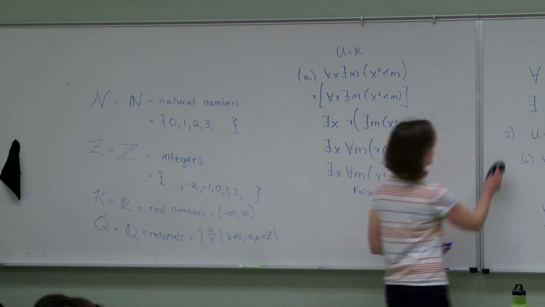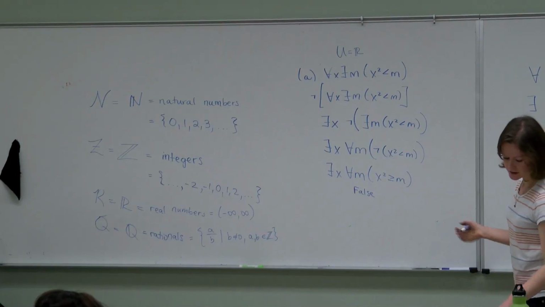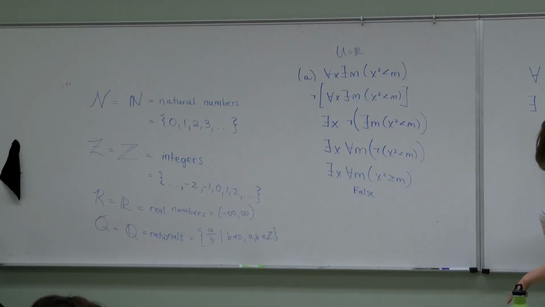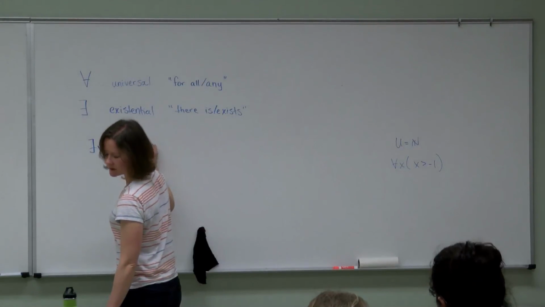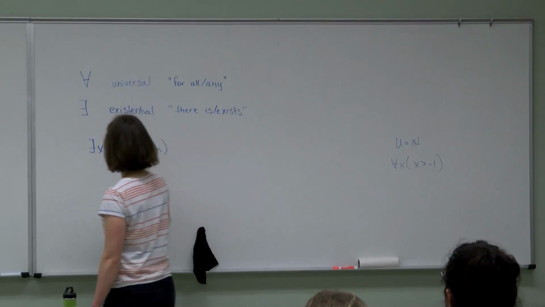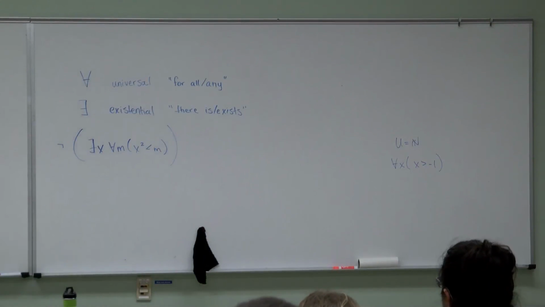All right, so for part B, same thing. We first want to negate the statement, and then we want to determine whether that negated statement is true or false. So the statement as written says, there exists an x such that for all m, x squared is less than m. First thing we're going to do is negate it step by step.